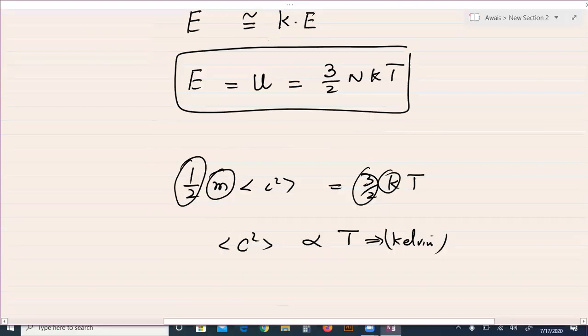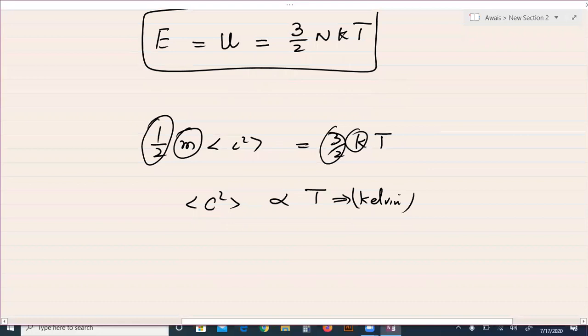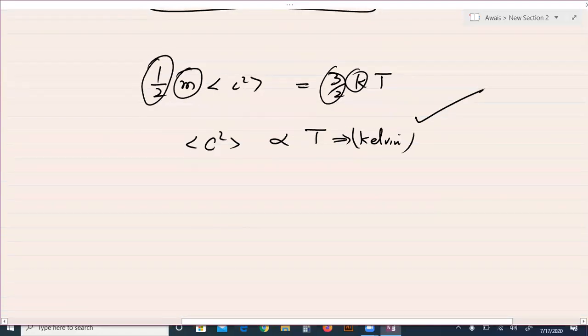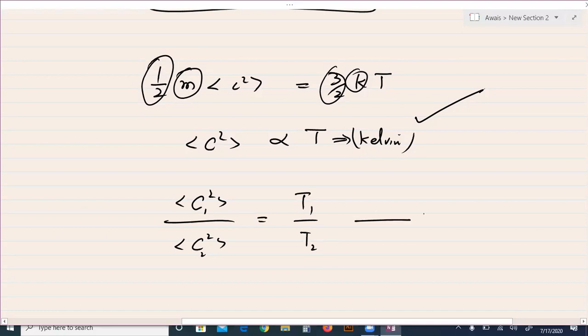Mean square speed does not depend on the pressure or the density. It depends on the temperature of the gas in Kelvin. So we can write the ratio of mean square speed 1 to mean square speed 2 as T1 over T2, but this must be in Kelvin.